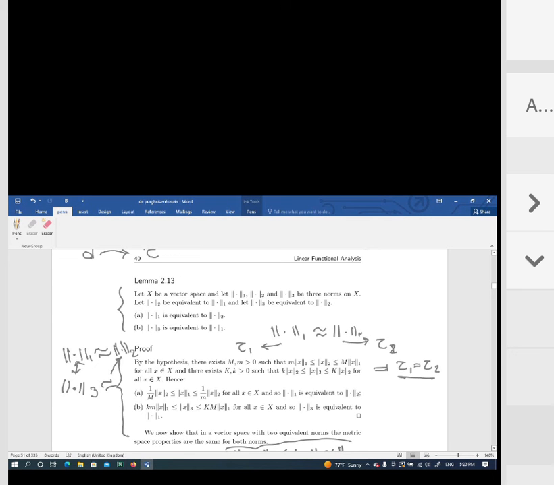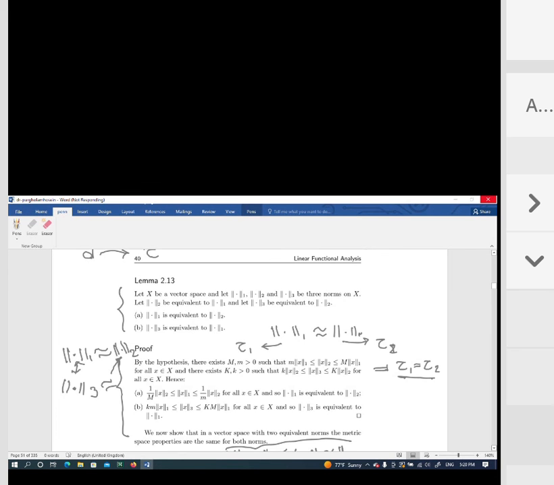It means that if two norms are equivalent to one norm, like norm 3, they are equivalent to each other too.